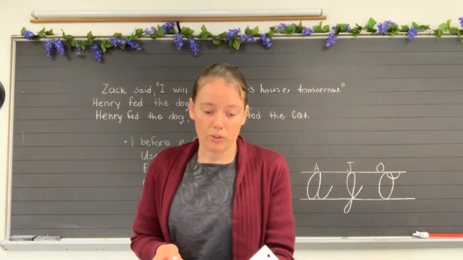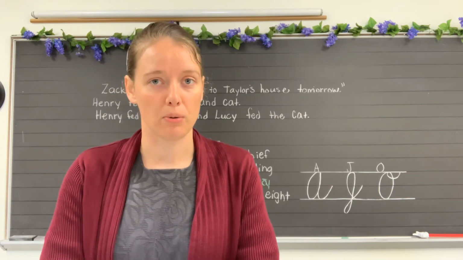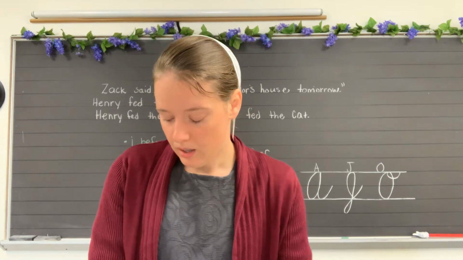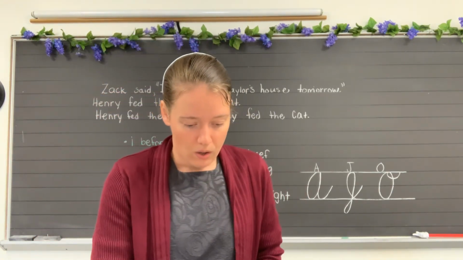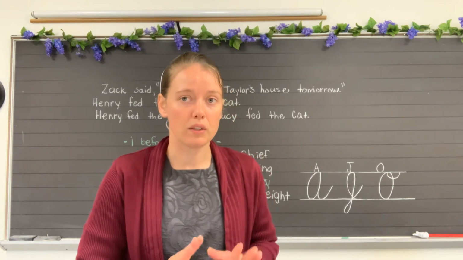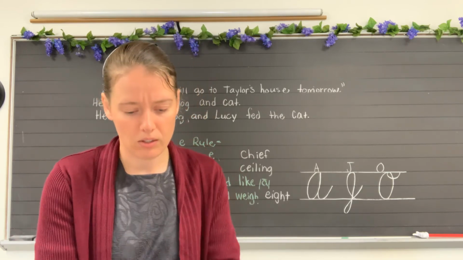Okay, and you will also have some words to spell today in your quiz. I think they start with an A and a J and an O. I'll check just to be sure. Actually you will have the O and the J. No, you will have the O and the A today in your quiz.